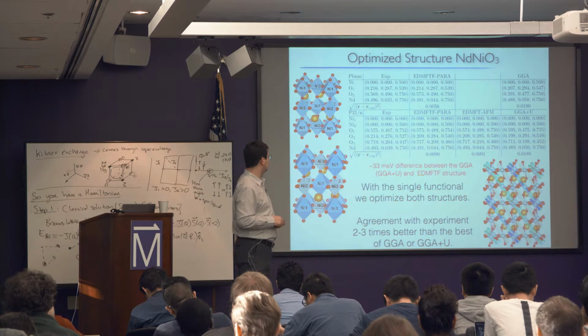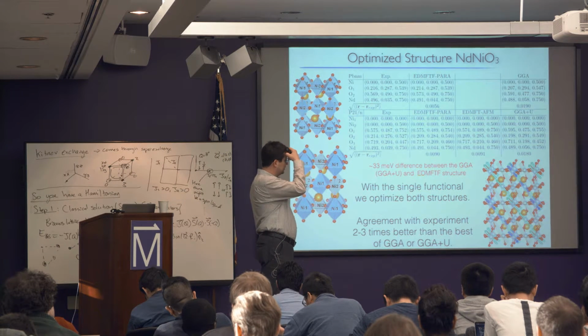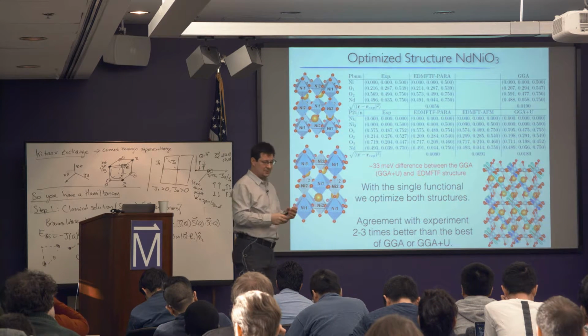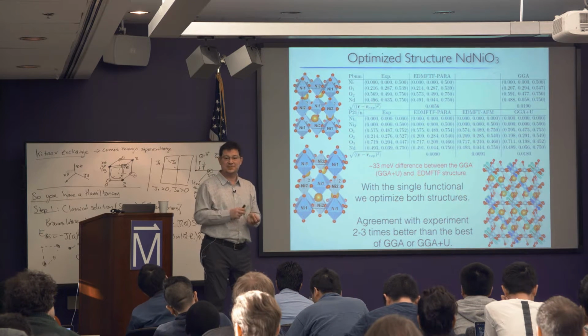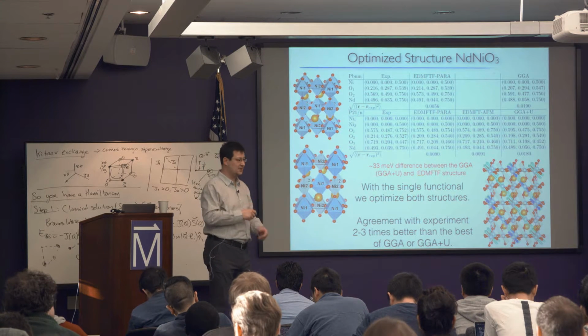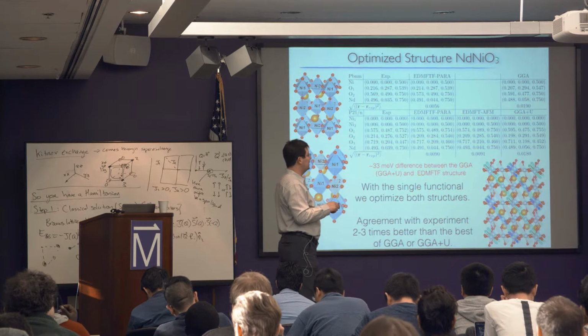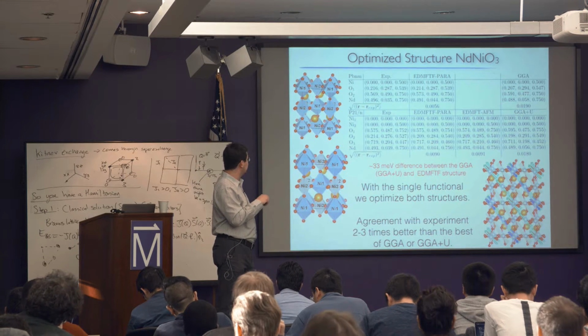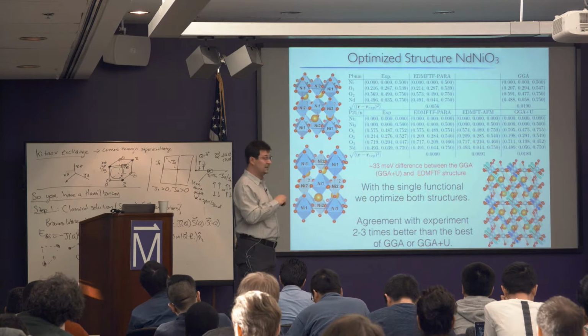So how do we do that? Well, first let me show you an example of how well it works. Again, I'm going back to rare earth nickelates, which I introduced a few slides back. This is neodymium nickel O3, one of these rare earth nickelates, in which the high temperature structure is this Pbnm structure. It's metallic.